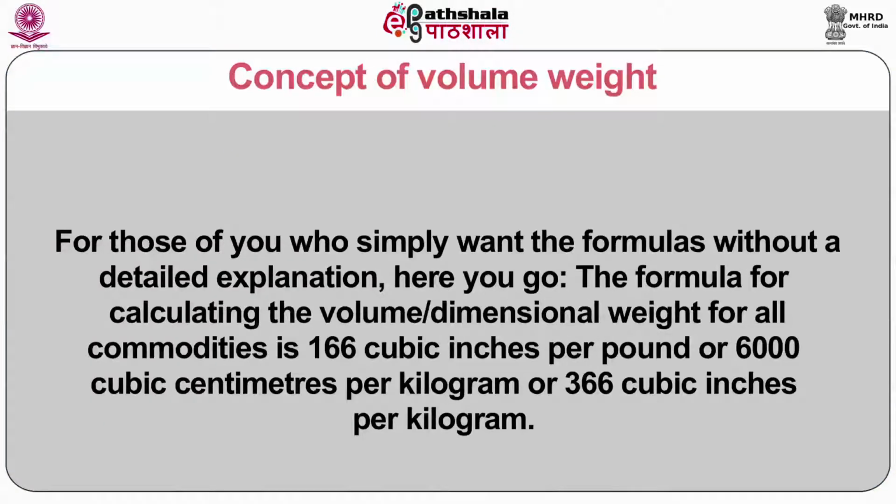For those of you who simply want the formulas without a detailed explanation, the formula for calculating the volume or dimensional weight for all commodities is 166 cubic inches per pound, or 6000 cubic centimeters per kilogram, or 366 cubic inches per kilogram.